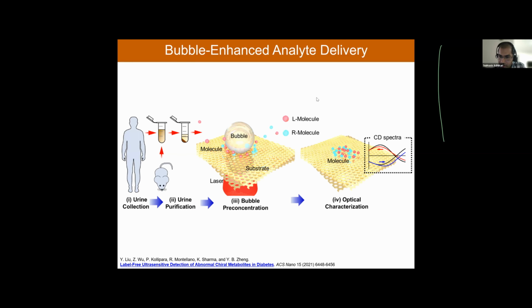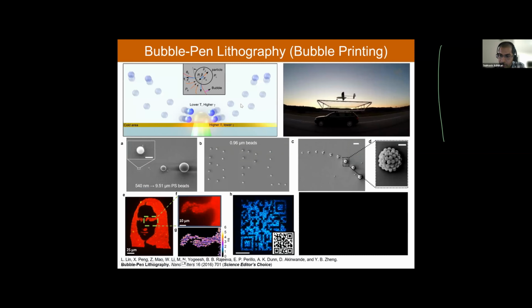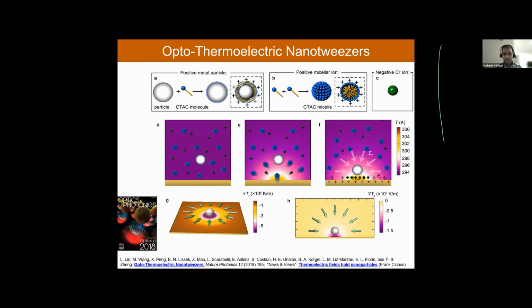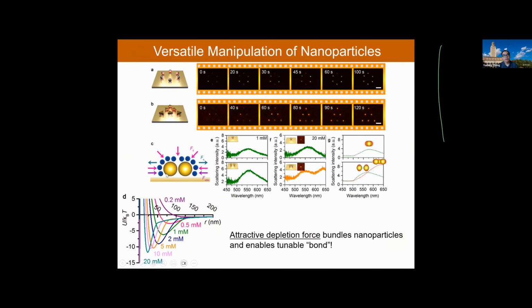There is a slide at the beginning of the talk where you show a controllable coupling between two nanoparticles. Can you please provide more details? In this case, we bring two nanoparticles together.